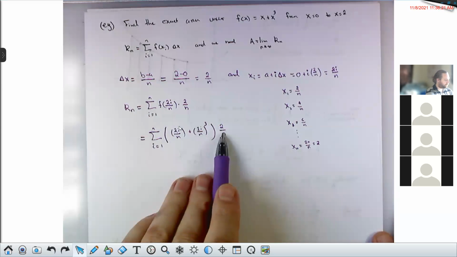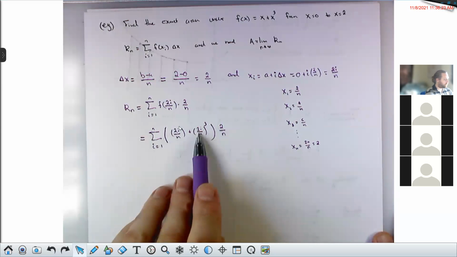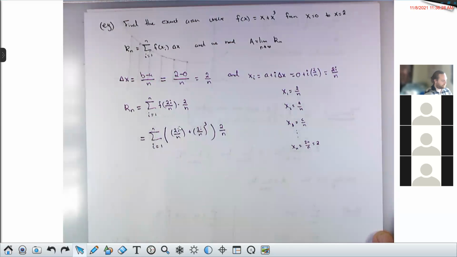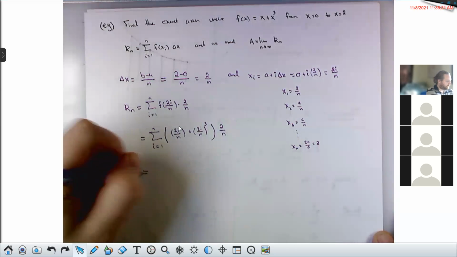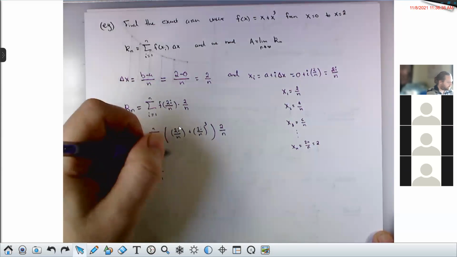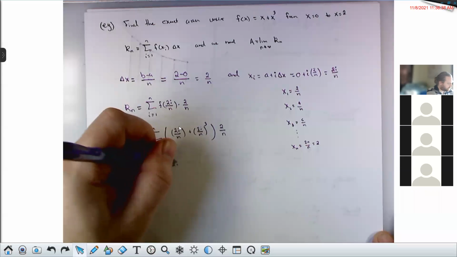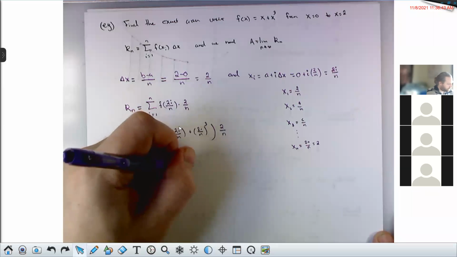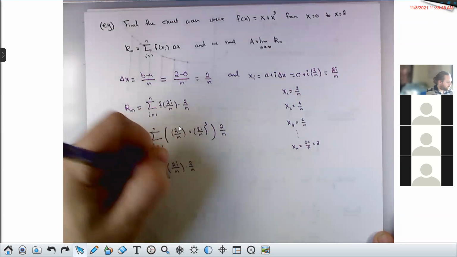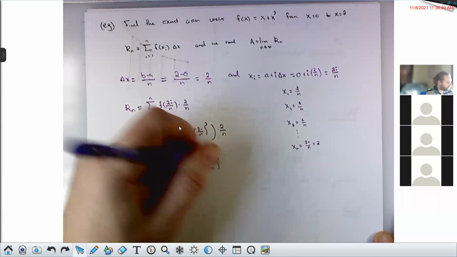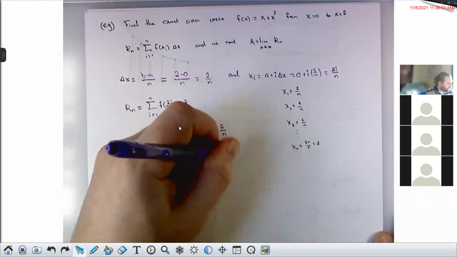So the game is going to be to distribute the 2 over n to these two terms, then to split the sum up into two separate sums. So this is sigma i from 1 to n, 2i over n times 2 over n, plus 2i over n all cubed times 2 over n.